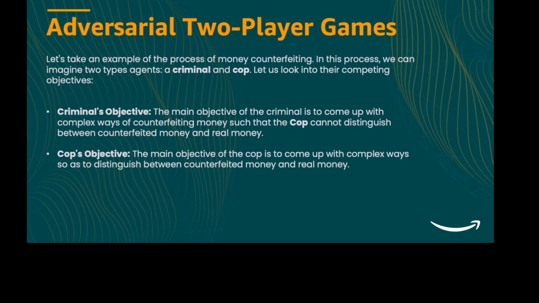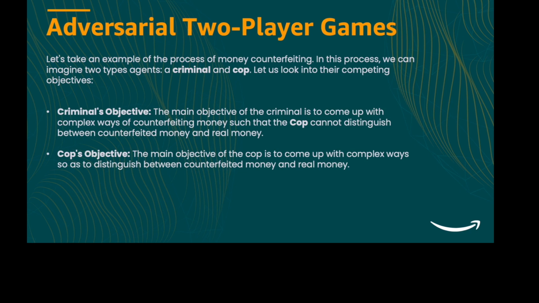As the name suggests, this game has two players, and since it's an adversarial game, both players have competing objectives. For example, consider the case of identifying money counterfeiting. Here we have two parties, one is a criminal, the other is a cop. The criminal's main objective is to make a money note which is as good as real, so that the cop cannot distinguish whether it is a fake note or a real note, while the cop has a totally opposite objective: given a note, the cop should be able to tell whether it's a real note or a fake note.